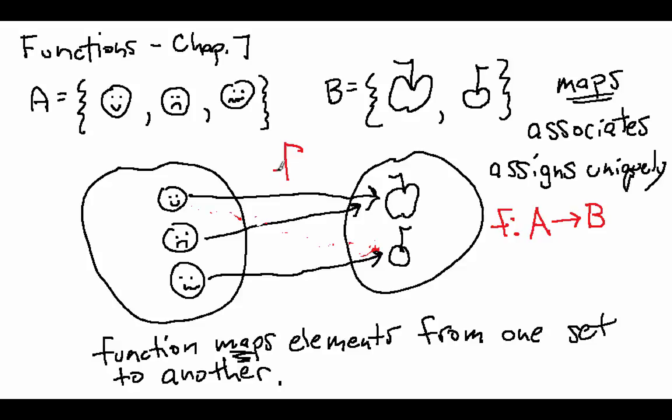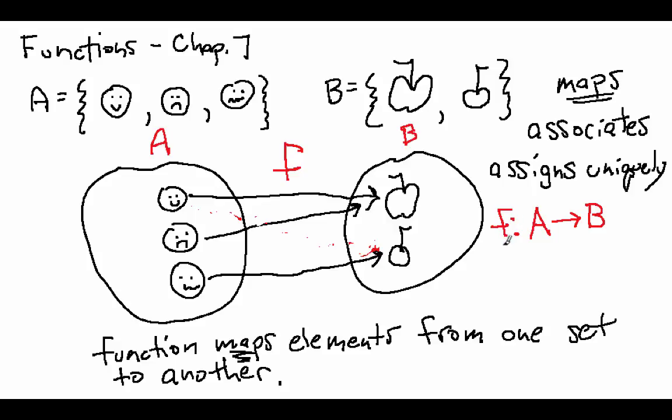We assign it a letter name. We can call it f or g. You can call it whatever you like. Sometimes people use Greek letters. You can use Roman letters. In this one, we have a function that we have called f. And we are saying that f maps the set A, remember this is the set A over here, over to the set B.